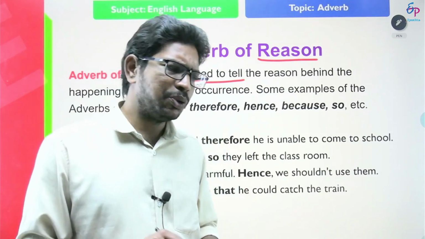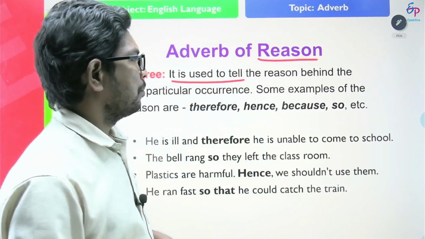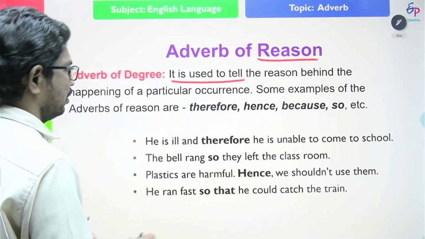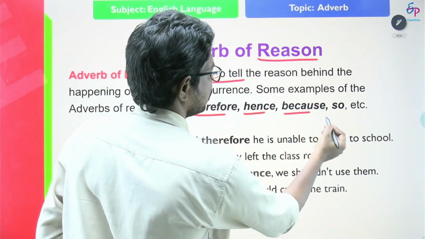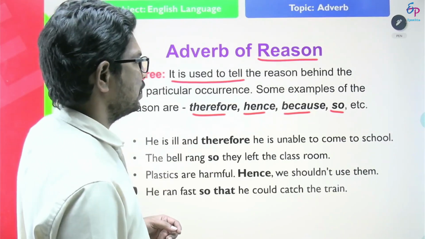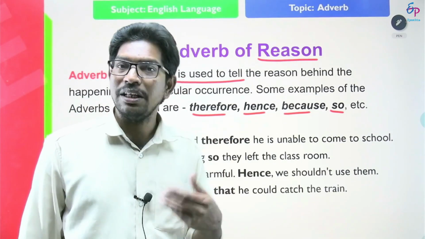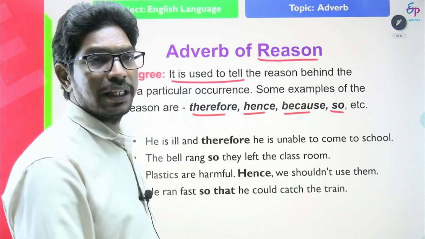It is used to show why the action is happening. Some examples of adverbs of reason are therefore, hence, because, so, etc. So adverbs of reason tell us the reason behind the action. So look at the example.